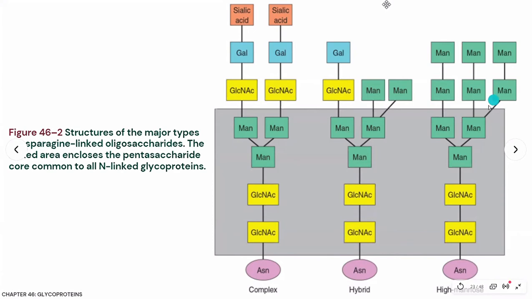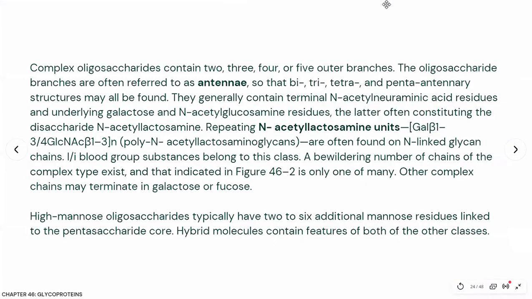Now you have here 1, 2, 3 branches, so that is triantennary. Also this one, 1, 2, 3, triantennary, and then biantennary.